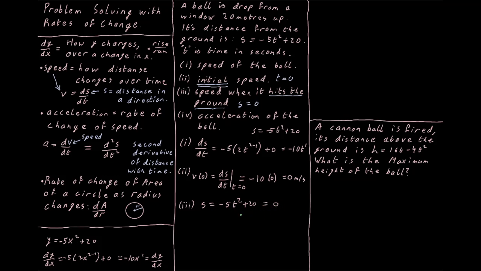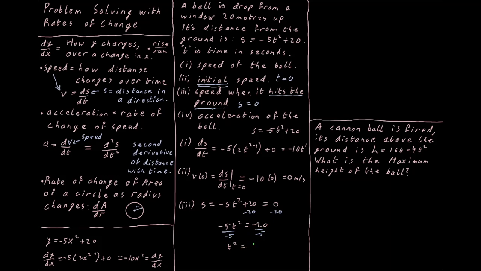So this is just a quadratic that I can solve, but in this case, the easiest way to solve it would be just to isolate t and take the square root. So I'm going to get the t-involved stuff by itself. Minus 5t squared is equal to minus 20, so I'm going to divide both sides by minus 5.